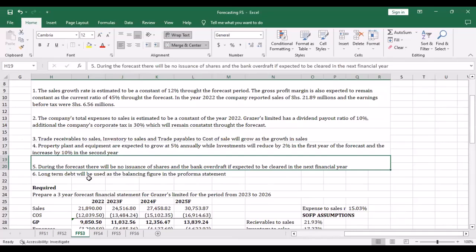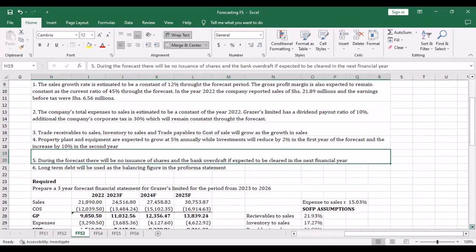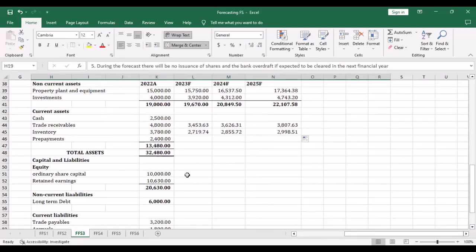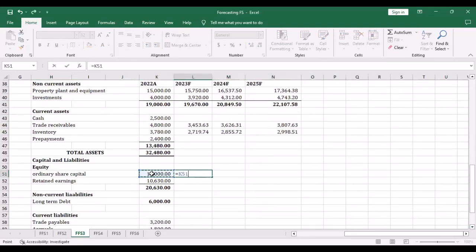During the forecast, there will be no issuance of shares, and the bank overdraft is expected to be cleared in the next financial year. So the shares will remain the same, equals this one, then you drag.